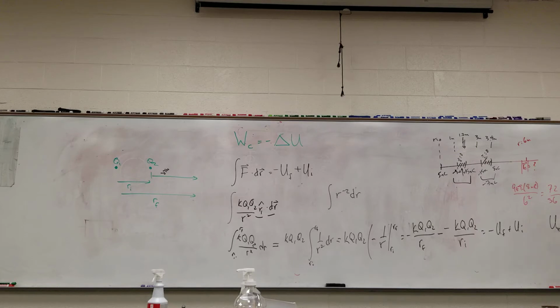what is a formula for electric potential energy which will make that true? Negative K Q1 Q2 over R plus a constant.